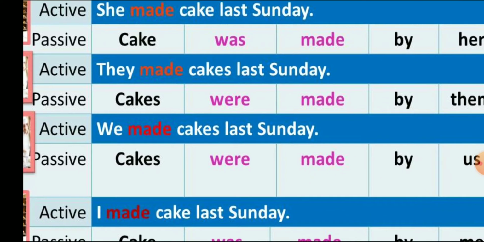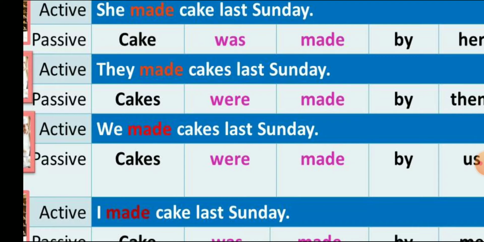Next, let us see another sentence. They made cakes last Sunday. Now the subject here is they and cakes object. Made is in past, simple past form. So we have to change as cakes were made by them last Sunday. Here cakes is plural subject.